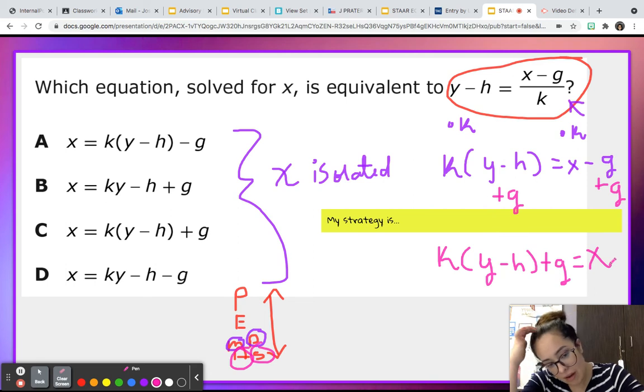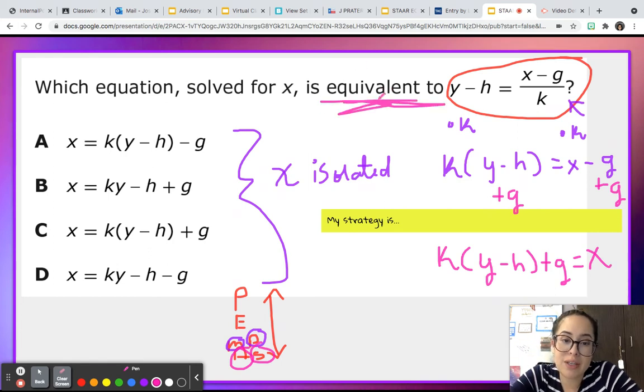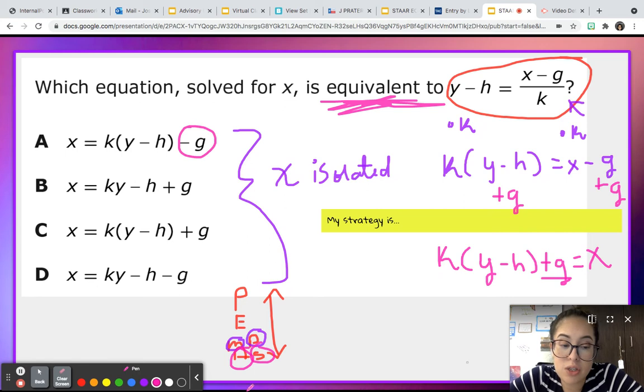So now that I have this all intact, I gotta go and check, okay, which of these answer choices looks just like the one I did? Remember, we're talking about equivalence, so it can't kind of look like it, it has to look exactly like this, okay? So in this case, this is the kicker on this one. It's subtracting g when I should have an addition of g.